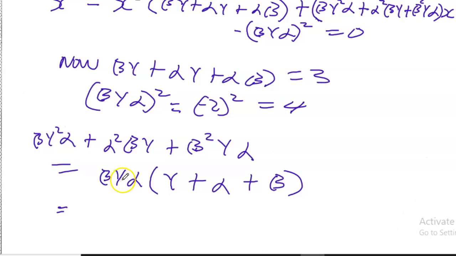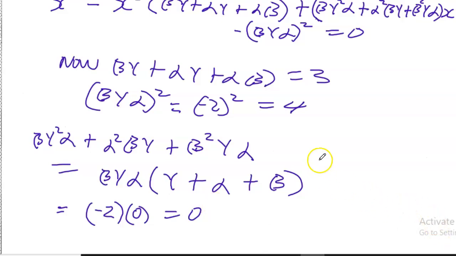Now the product was minus 2, and the sum was 0. So all of this is equal to 0.